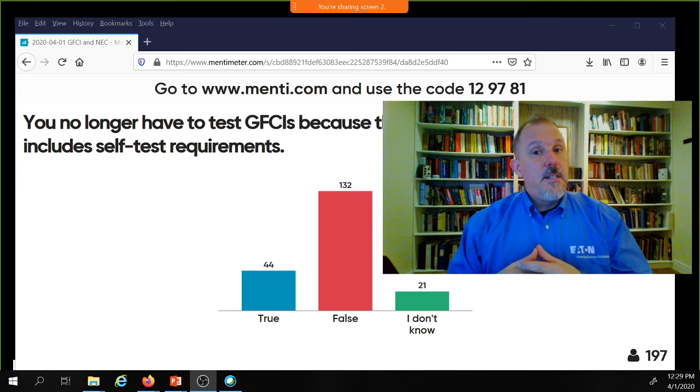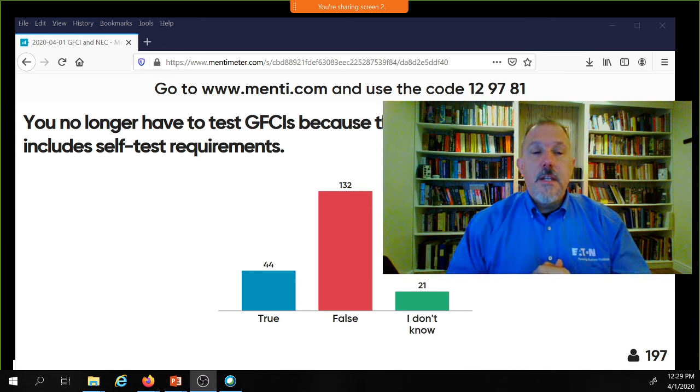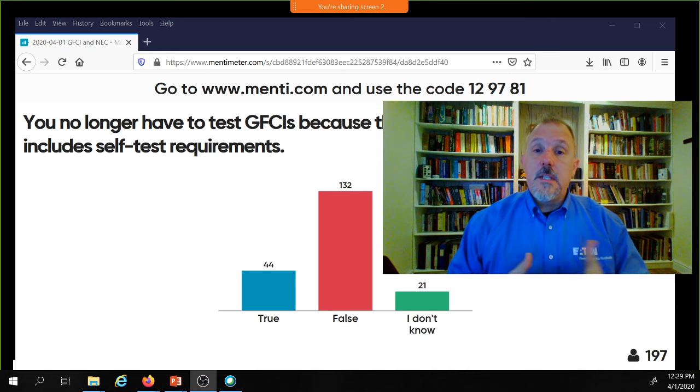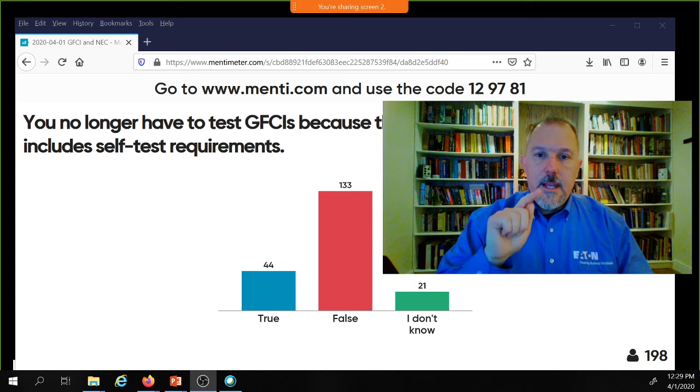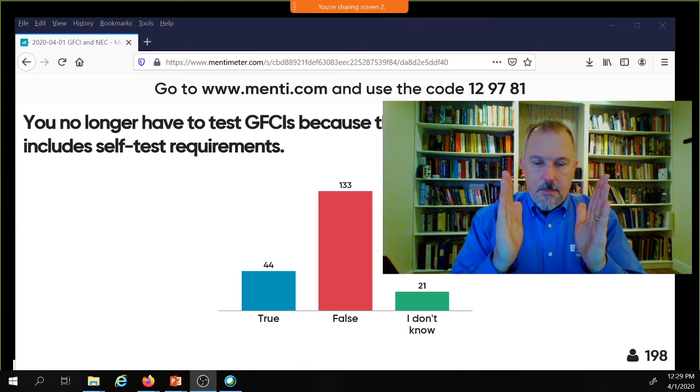There are some things that self-testing doesn't test. For example, if I have an extremely high short circuit pass through that device, I could possibly weld the contacts. If I have an abnormal event in my power distribution system, the contacts could be welded. Testing with that button will make sure that those contacts are separated.